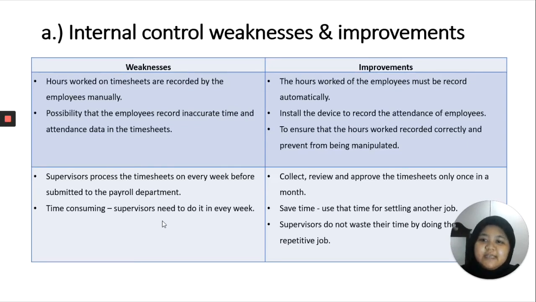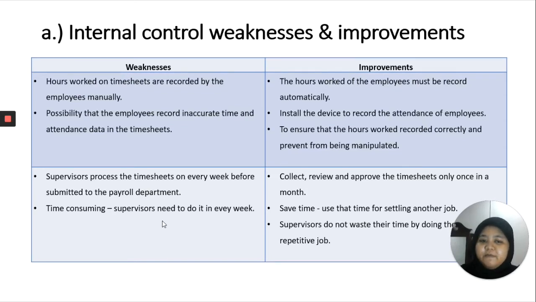The first weakness is in the paragraph: hours worked on the timesheet are recorded by the employees manually. When the hours worked are recorded manually, there is a possibility that the employees record inaccurate time and attendance data in the timesheet. Thus, it will incur losses to the company as they will incur more expenditure.